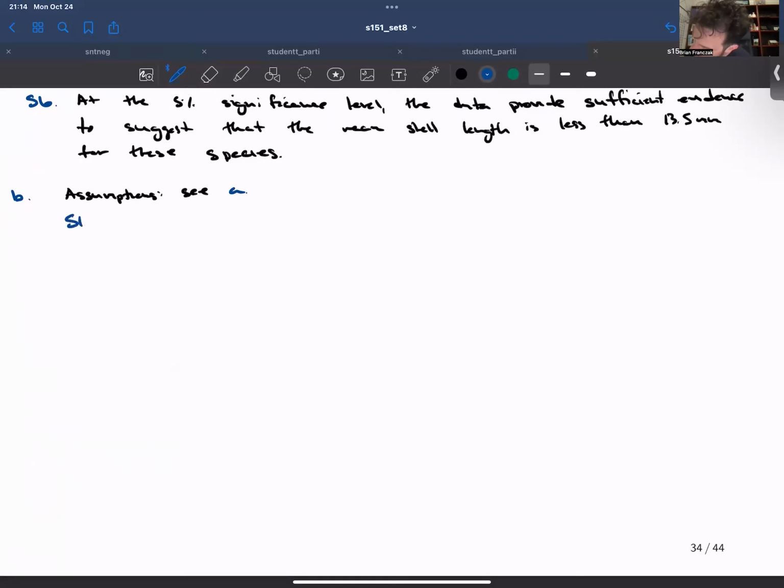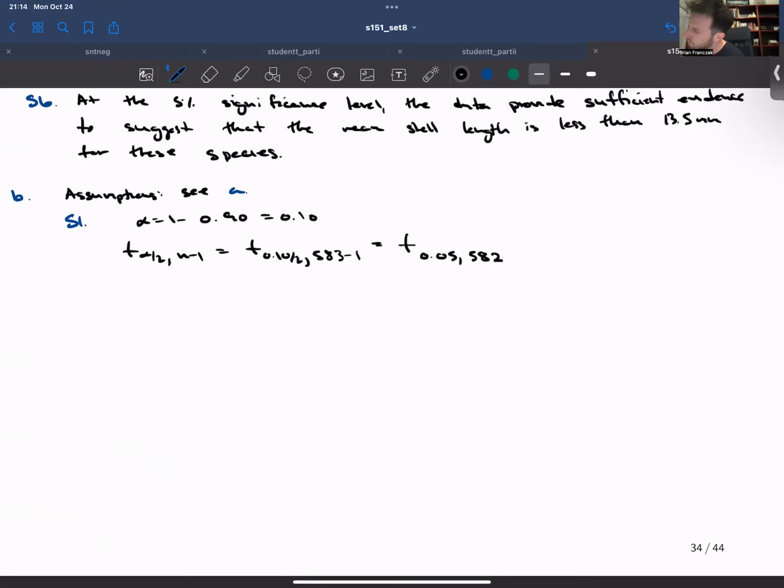Now on step 1, we have t alpha over 2, n minus 1, or sorry, we should write down alpha first. So we have alpha equals 1 minus 0.9, which is 0.1. So this is t 0.1 over 2, 583 minus 1, so this is t 0.05, 582.